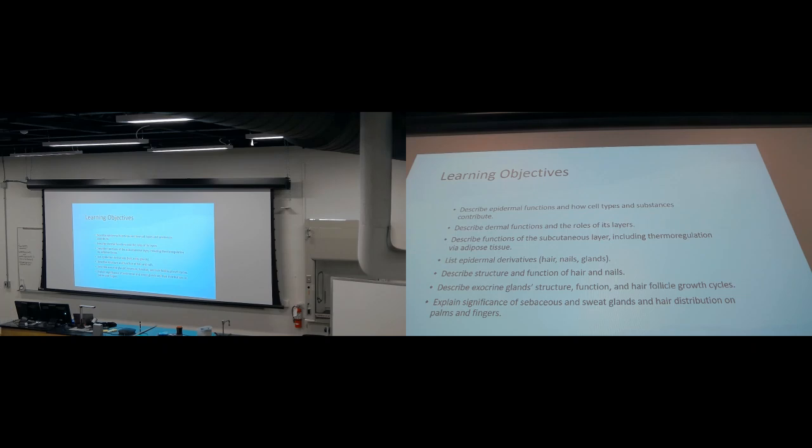And we're going to see the characteristics of the derivatives of the integumentary system, not only the skin, but also the hair and the nails, which are accessory structures. And we're going to see some examples of the exocrine glands, the growth of hair, and sebaceous and sweat glands as well.